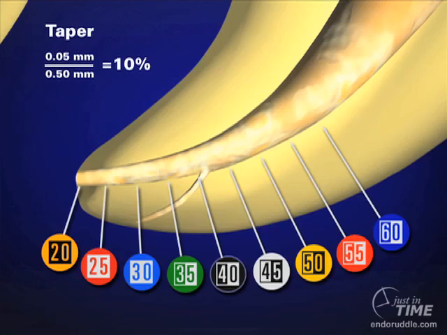The largest finisher was a 2007, but you can see in the little formula up in the upper left that it says the taper's 10%. Well, the interval of backout between successively larger files is 1/2 millimeter.